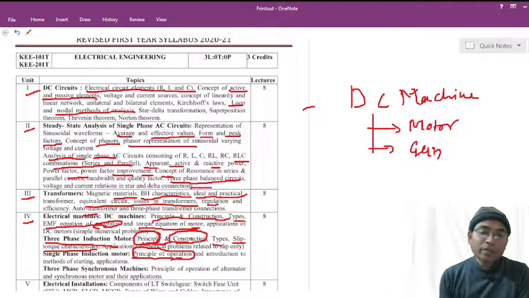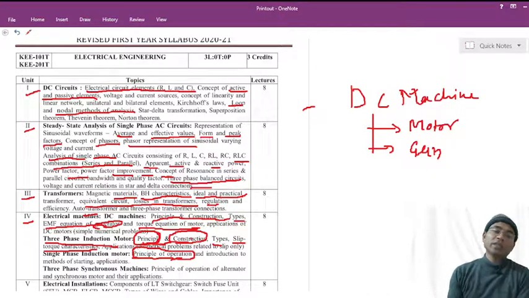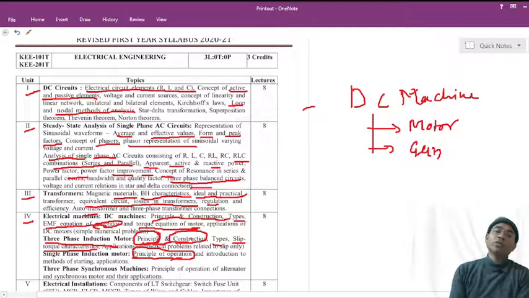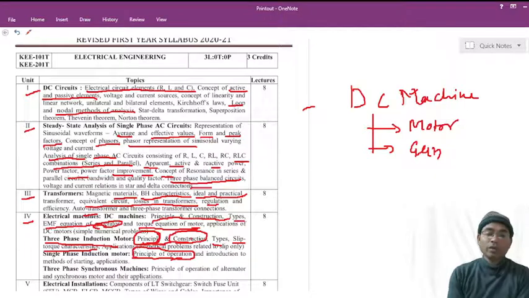Self starting means when you switch on the motor it gets started and starts delivering its output, while single phase motor is not self starting. When you switch on the motor it does not operate or does not work. You have to give external torque to the motor so that motor gets started or starts to rotate in a particular direction. So single phase induction motor is not self starting.